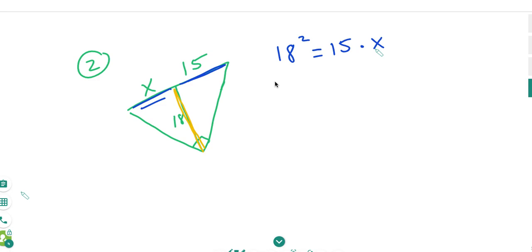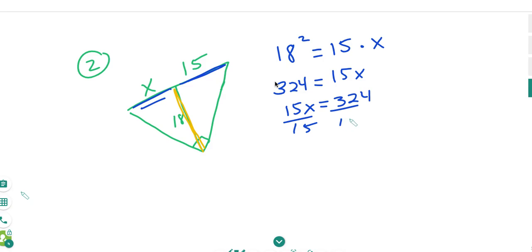So I'm going to have 324 is equal to 15x. Divide by 15, divide by 15, and x is going to equal 21.6.